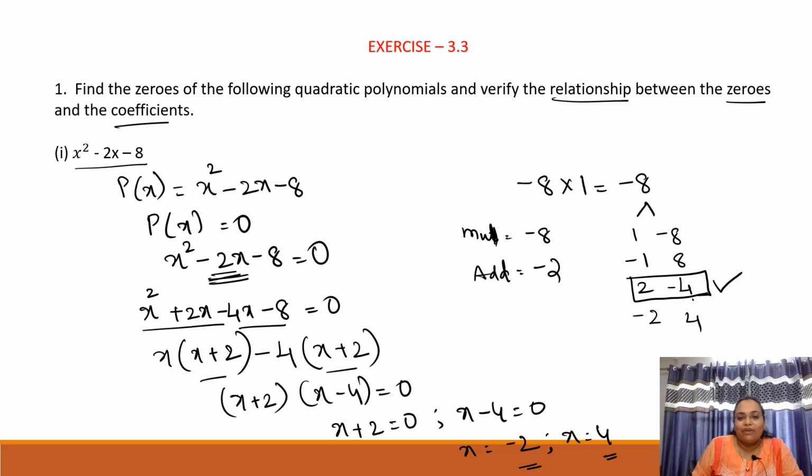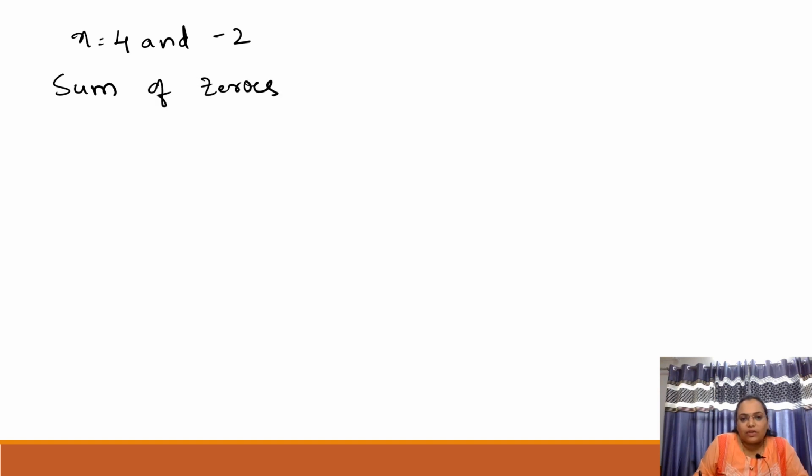And now we need to find the relationship between the zeros and the coefficients. So now what did we get? x is equal to 4 and minus 2. Now we'll take the sum of zeros first. The quadratic polynomial which we have is x square minus 2x minus 8.